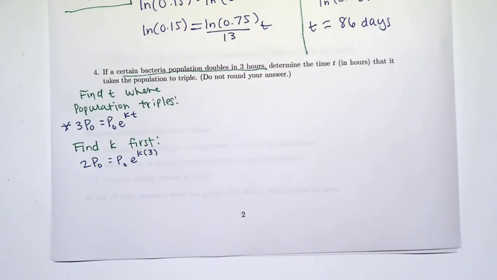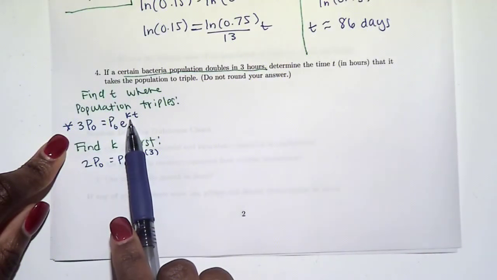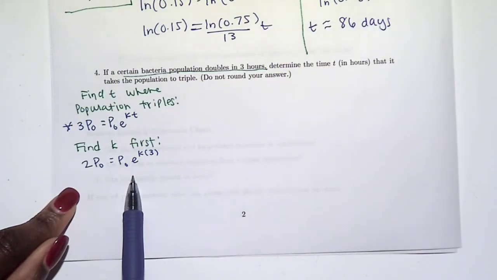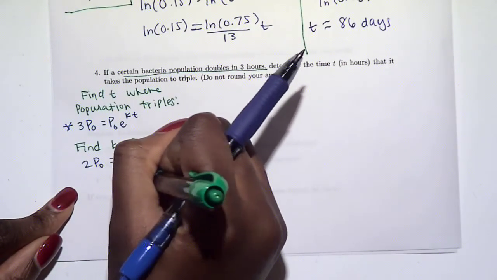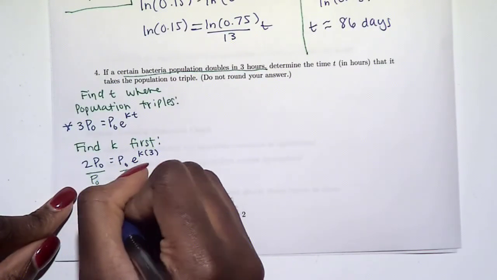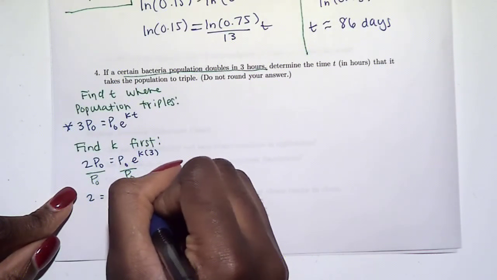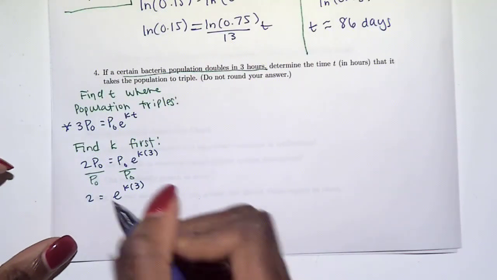Okay, if that didn't make sense, make sure you rewind and go back to make sure that it sinks in what happened here. We are trying to solve this, however, we need k first. So we use the additional information and we're going to solve for k. All right, so I'm going to divide both sides by P naught. Take the natural log of both sides.